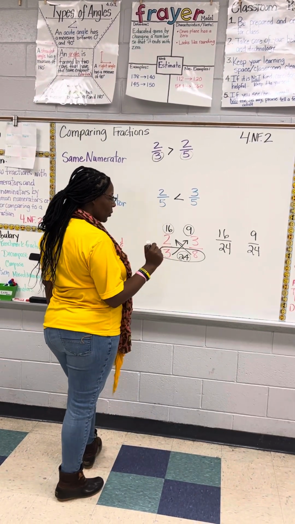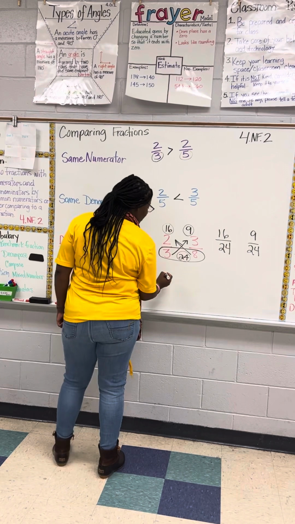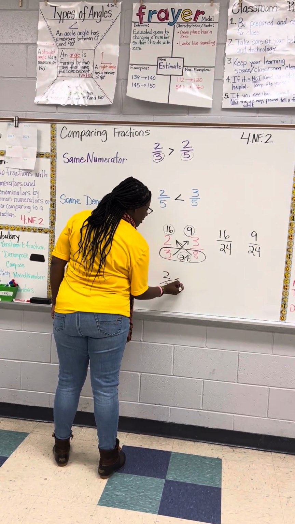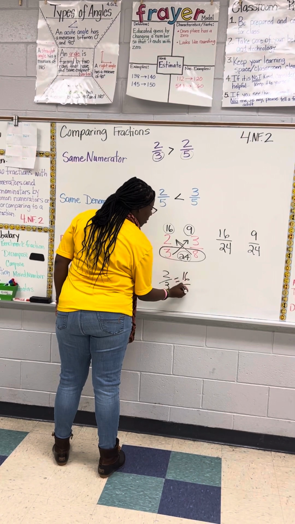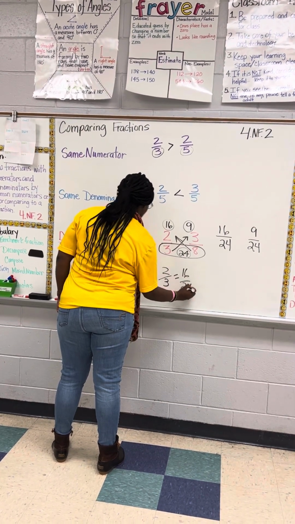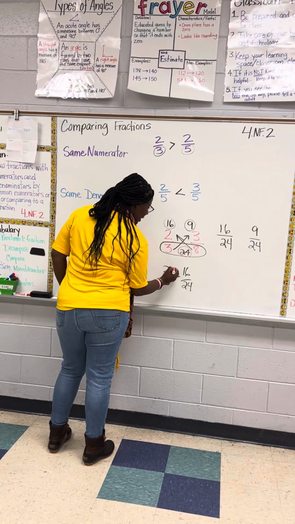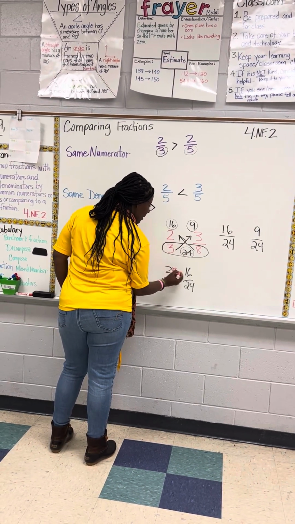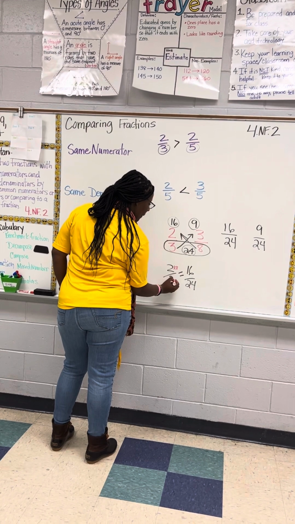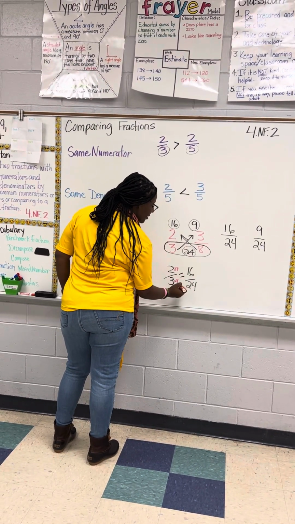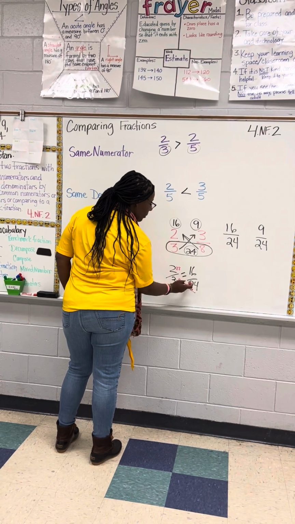Just in case you're wondering what I mean by equivalent, 2/3 is equivalent to 16 over 24, because if I do times 8, 2 times 8 is 16, and then 3 times 8 is 24. That's what I mean by equivalent.